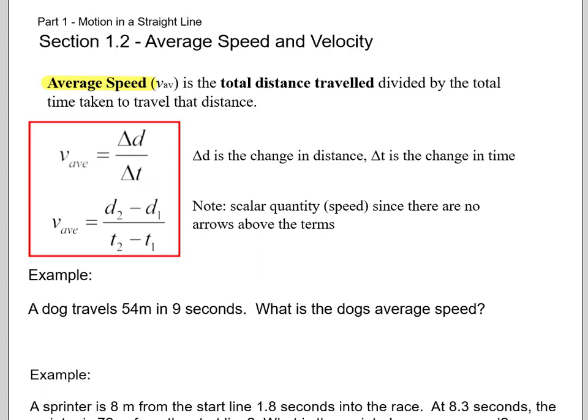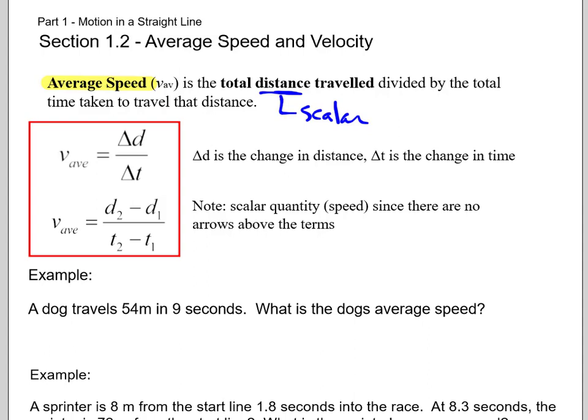So section 1.2 for us is average speed and velocity. Average speed is the total distance traveled divided by the total time taken to travel that distance. So now distance, you'll remember, is a scalar. Okay, and if we take that scalar and divide it by time, which is another scalar, then our result will be a scalar.